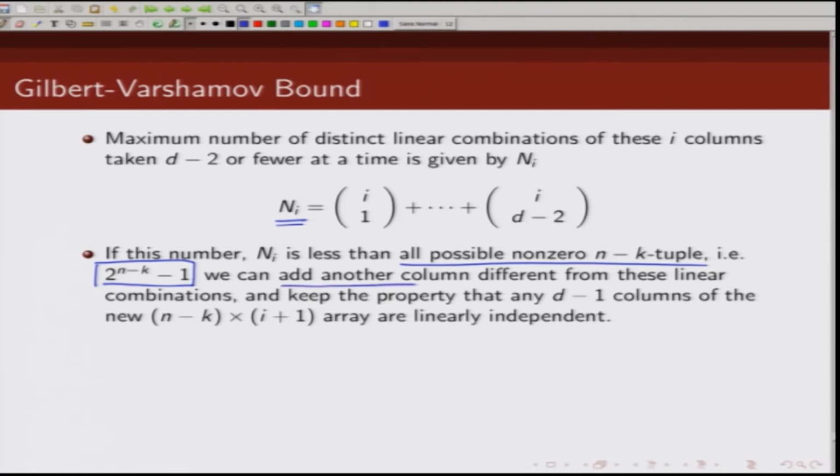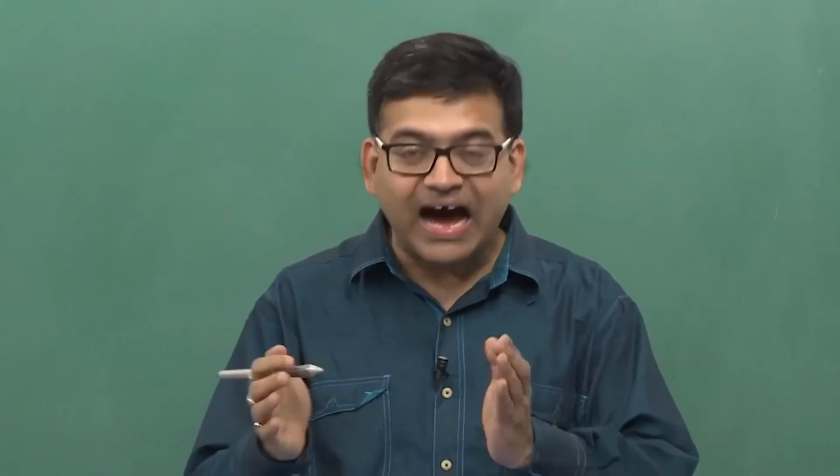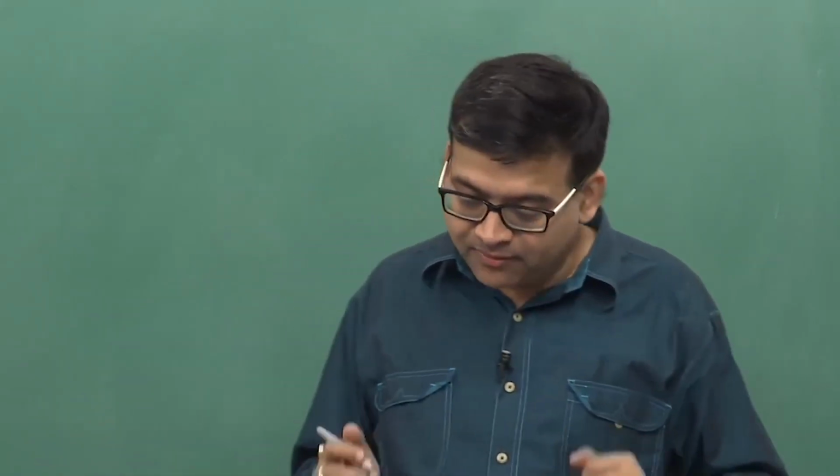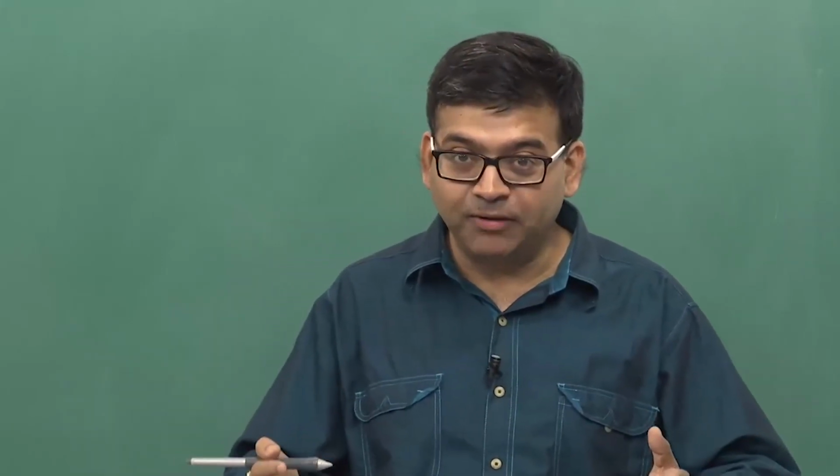So, if this number N_i is less than 2 raised to power n minus k minus 1, it means we can add another column which is different from any of the linear combinations of these i columns taken 1 at a time, 2 at a time, 3 at a time, up to d minus 2 at a time. And this will still ensure that d minus 1 columns of this parity check matrix would not add up to 0. In other words, they are linearly independent.